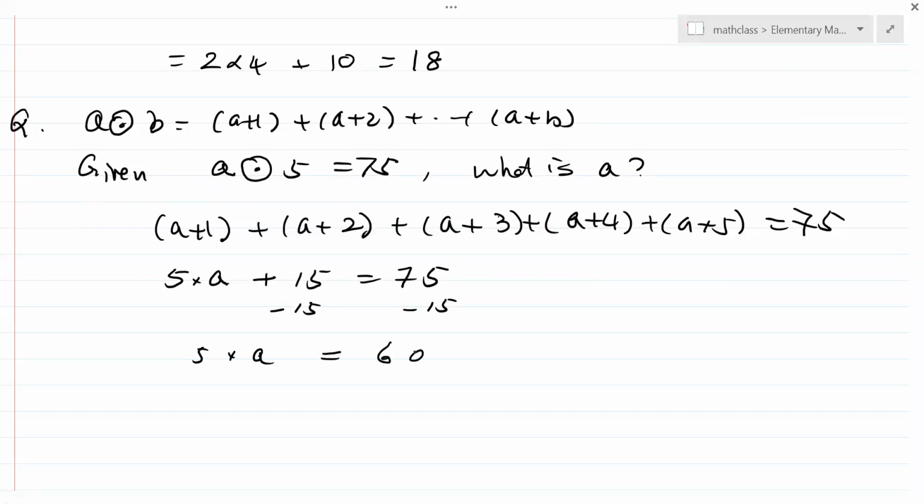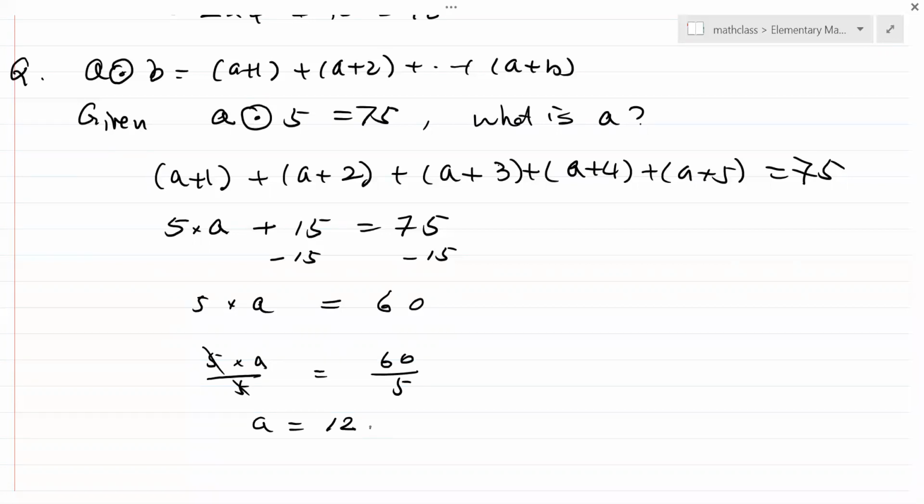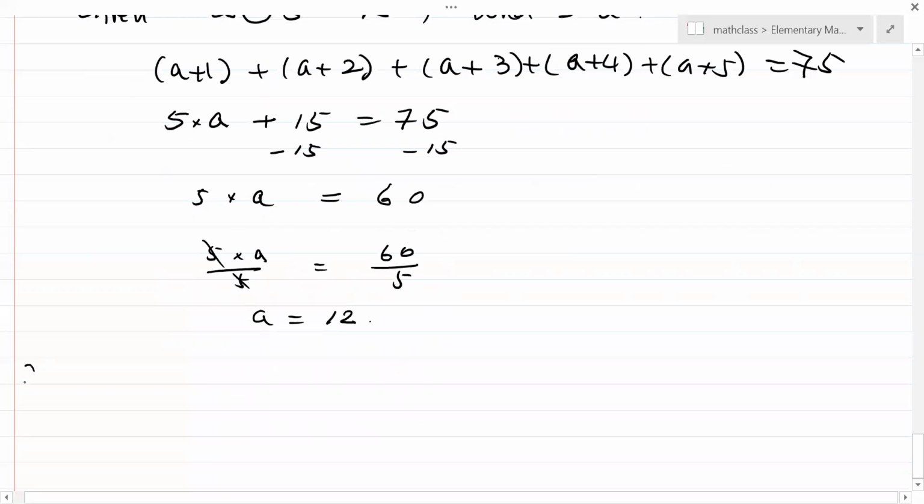You can divide by 5 on both sides, and this 5 cancels out. It's 12. Good job. So 12 is the answer. Okay, we are learning simple equations. All right, let's continue.